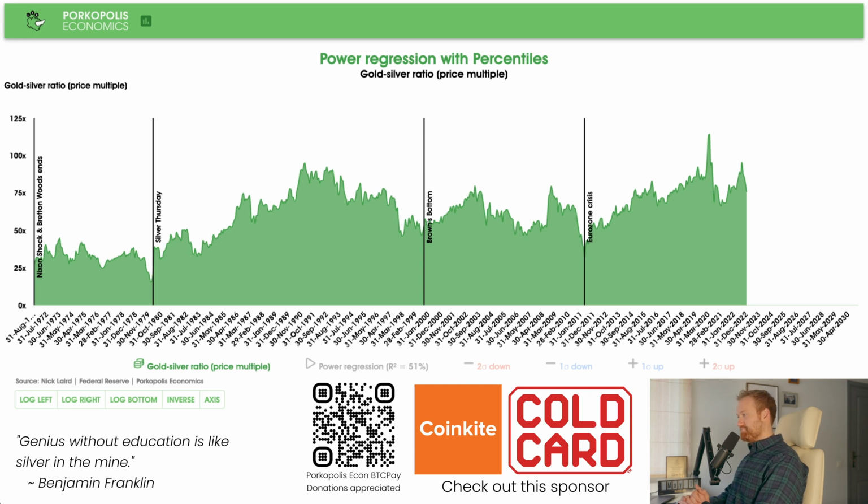We had the British pound sterling, we had the Dutch guilder, the Portuguese real. We had many currencies throughout the world and throughout history that were valuing gold and silver at different prices, and thus there would be a different gold and silver ratio, as is the case with anything in the market that is judged by supply and demand at different times.